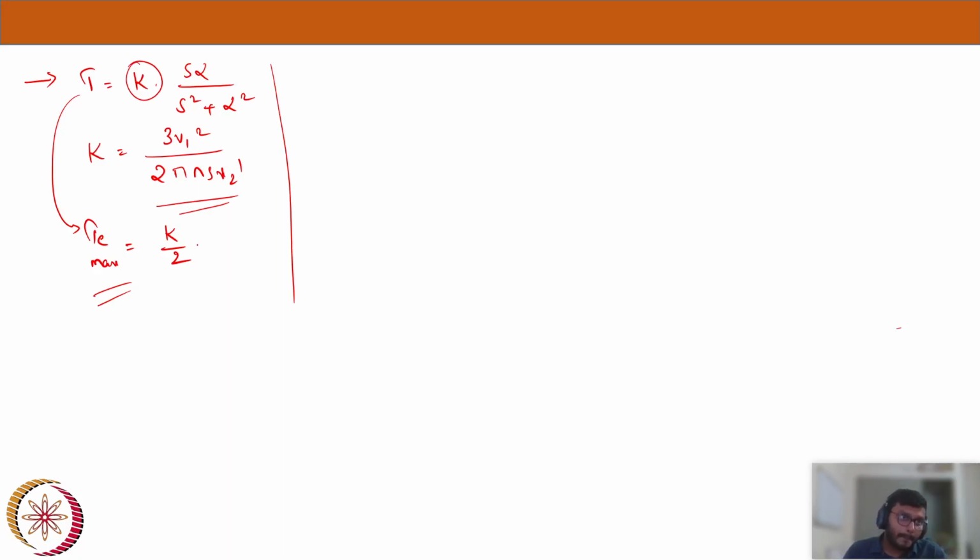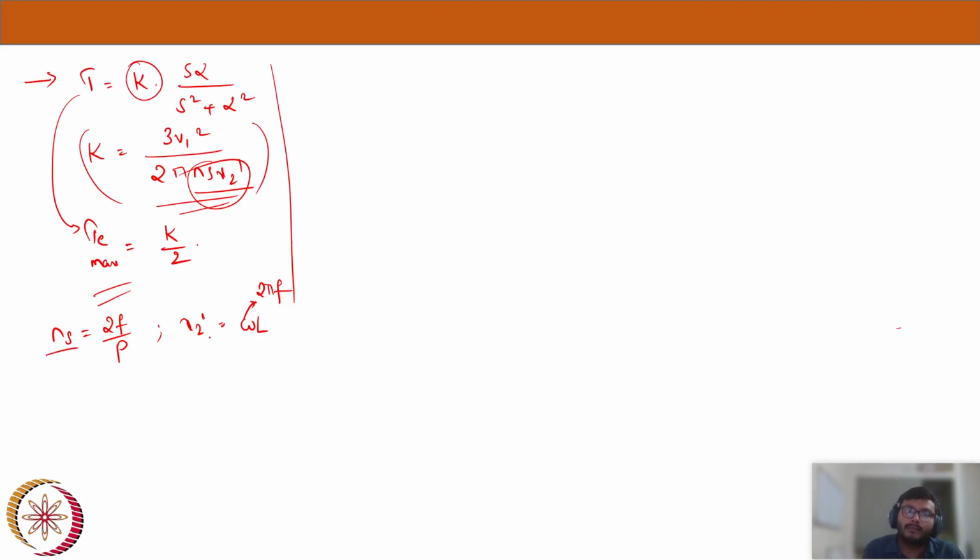Now in the denominator of this constant K, we can see two terms, ns and X2 dash, which are frequency dependent, because ns is equal to 2f by p, and X2 dash is also frequency dependent. How? X2 dash is nothing but the reactance, which is omega L, and omega is nothing but 2 pi f.